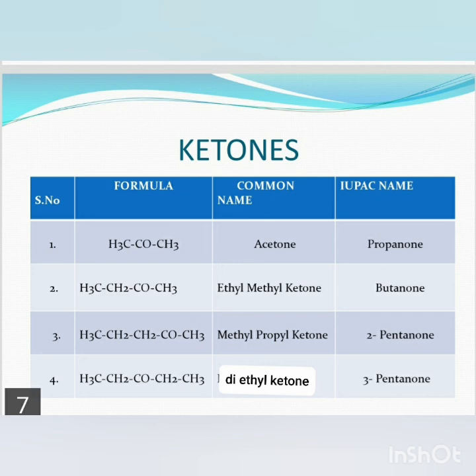So another system of nomenclature is IUPAC, International Union of Pure and Applied Chemistry. According to the IUPAC system, the longest chain containing the ketonic group is taken as the parent chain for naming the ketone corresponding to the chain.